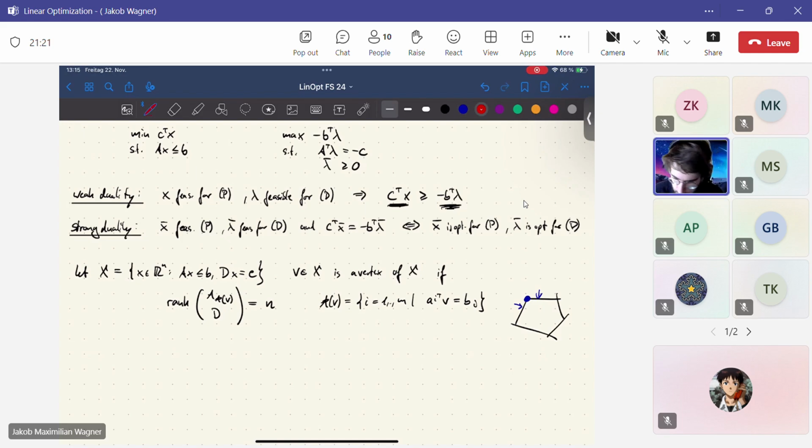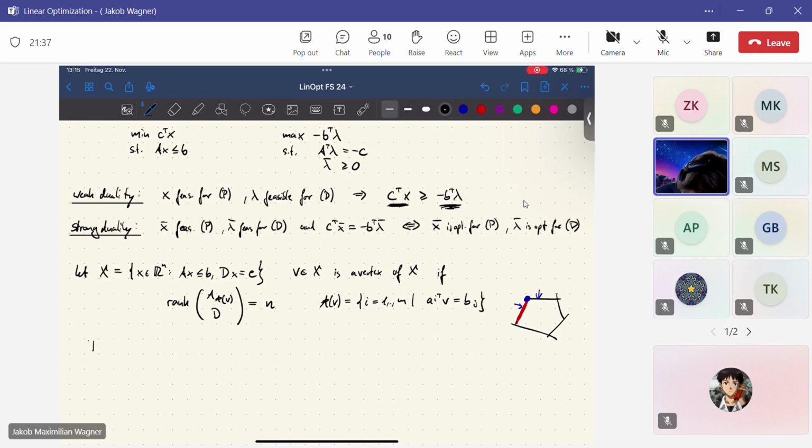And then we also wanted to say that, well, if we have now vertices, we also want to label edges or properly define edges of our feasible set. And this we also do by a rank condition, but now we want rank n-1.